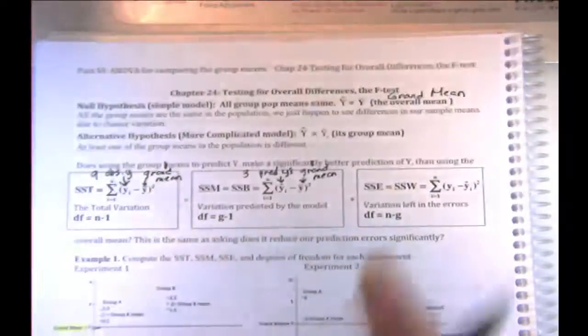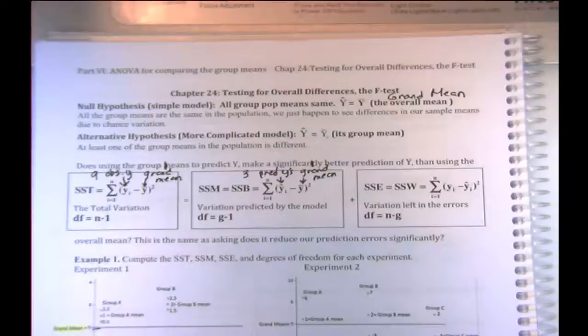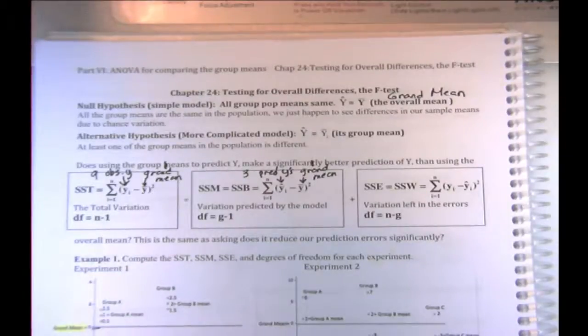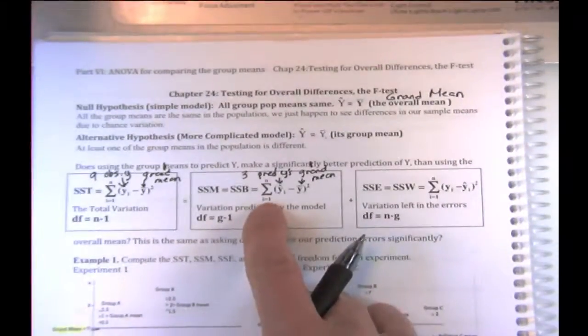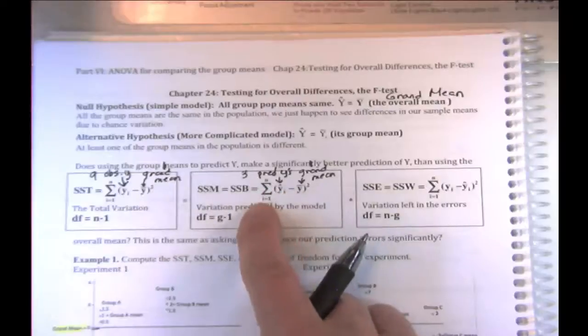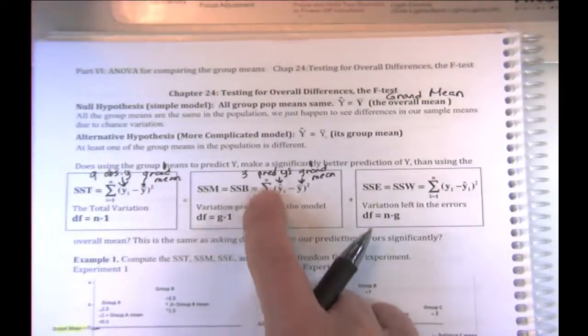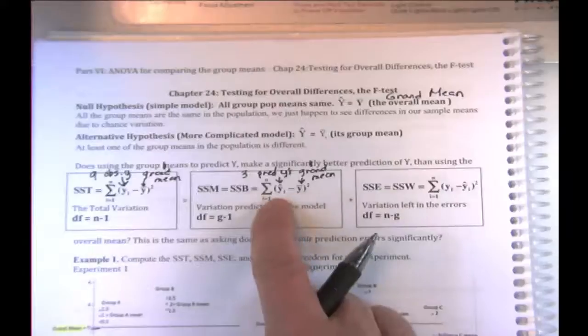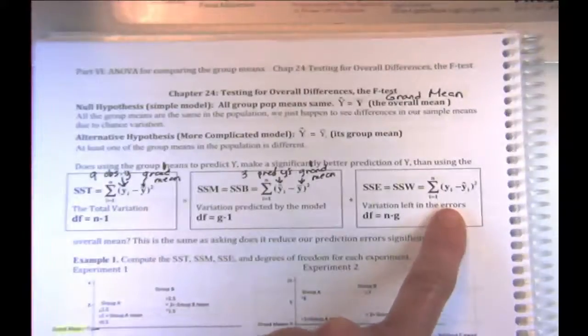All right. So now we're going to sum over all 9 numbers, from i equals 1 to 9. Everything from group A is going to have the same predicted, and everything from group B. Now what's this? This is our sum of squares error.